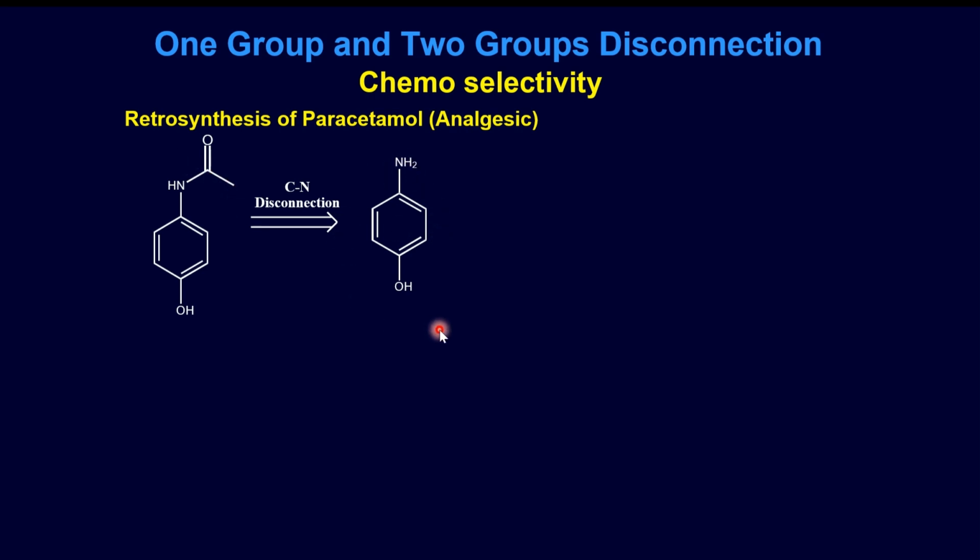I'll get para-aminophenol. The nitrogen of the amino group here is in sp3 hybrid form, and it has a lone pair of electrons. OH is also in sp3 hybrid form, it has two sets of lone pairs of electrons.